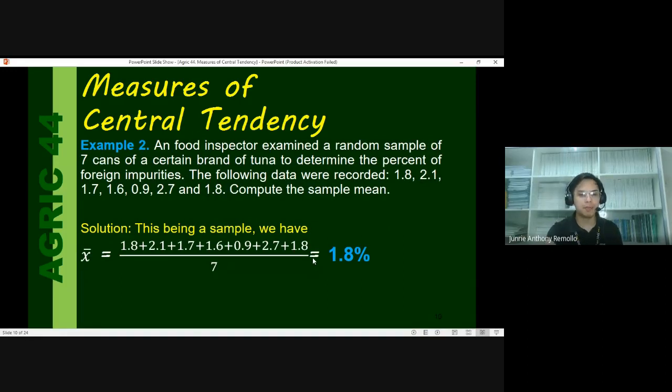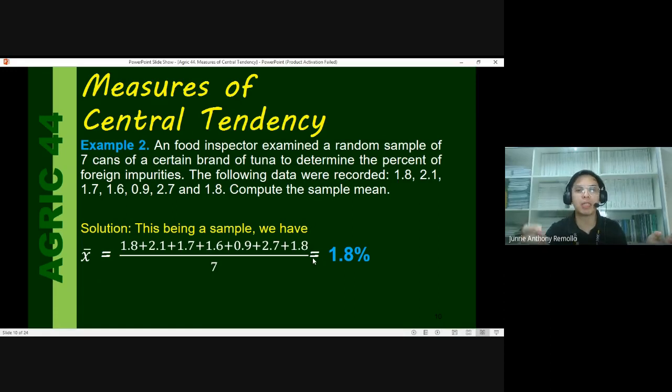Another example: a food inspector examined a random sample of 10 cans of a certain brand of tuna to determine the percent of foreign impurities. The following data were recorded: 1.8, 2.1, 1.7, 1.6, 0.9, 2.7, and 1.8.